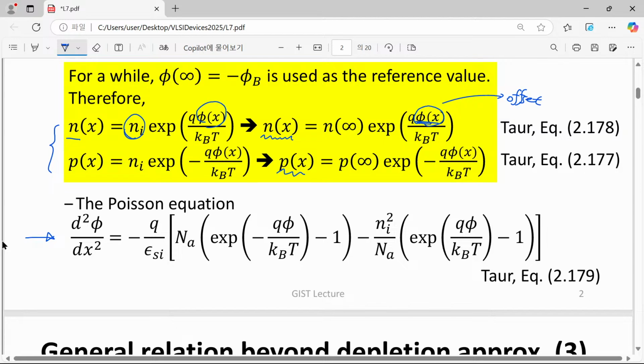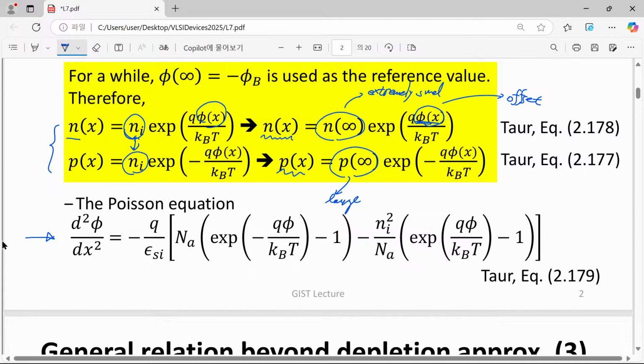So phi here, we have a different coefficient here. Previously we had the balanced one, intrinsic carrier density, but now this is for N MOSFET, this is extremely small. On the other hand, this one is extremely large. So please understand this one.